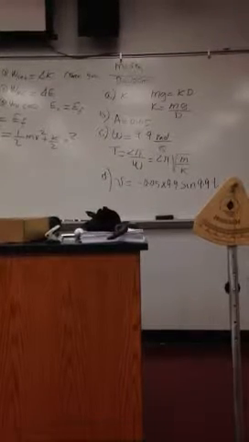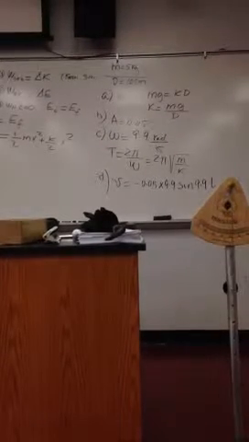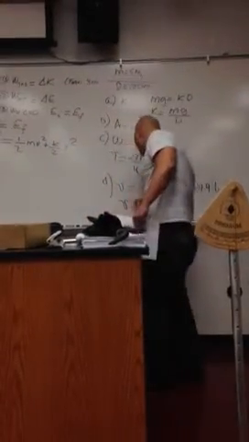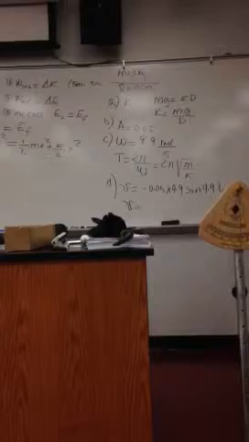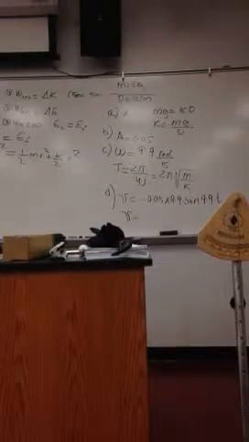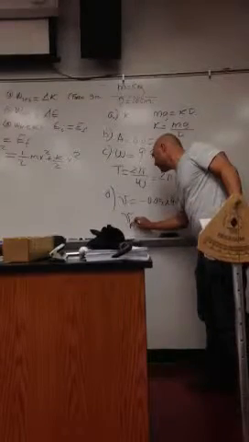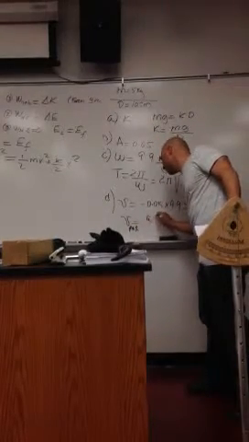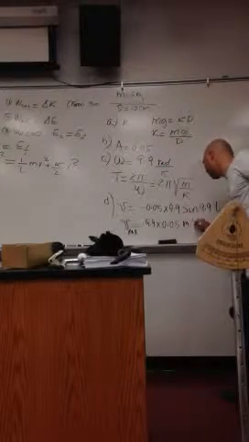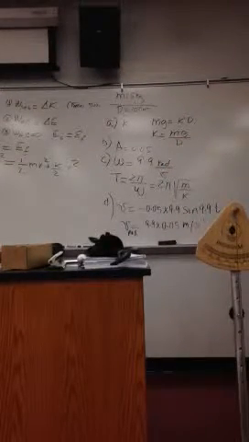Find the maximum velocity. What will be the absolute value, or the maximum speed? Maximum speed: 9.9 times 0.05. That will be the maximum speed.